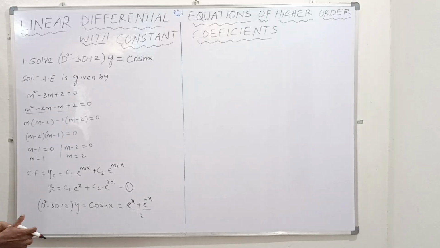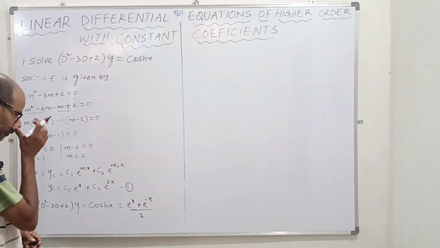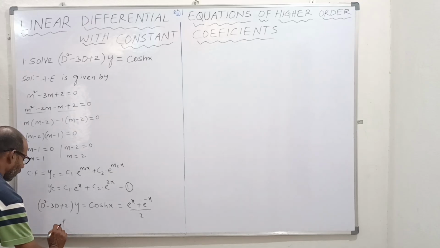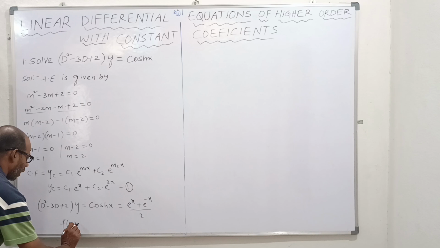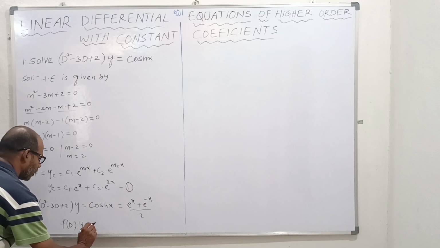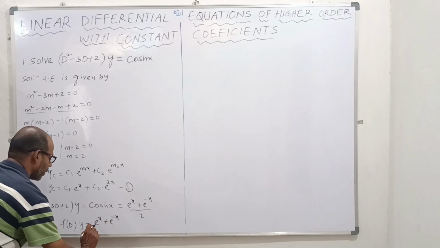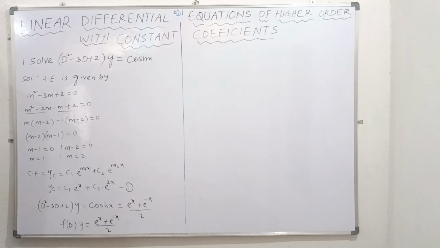Okay. So what is the procedure for finding particular integral? So this is nothing but f of D into y is equals to (e power x plus e power minus x) by 2. Right?